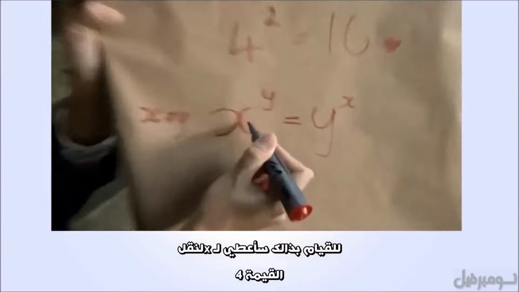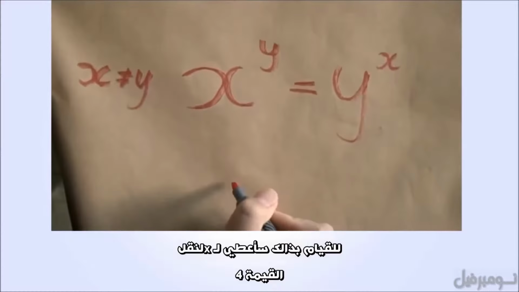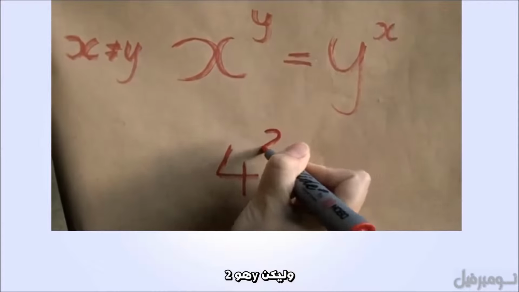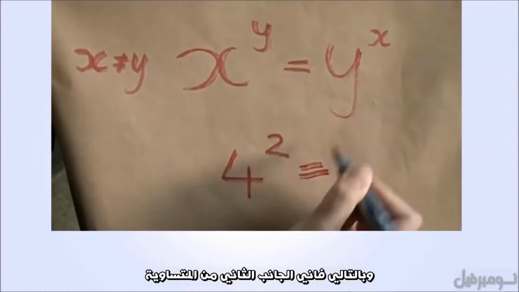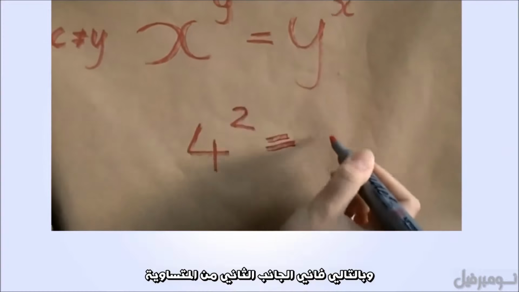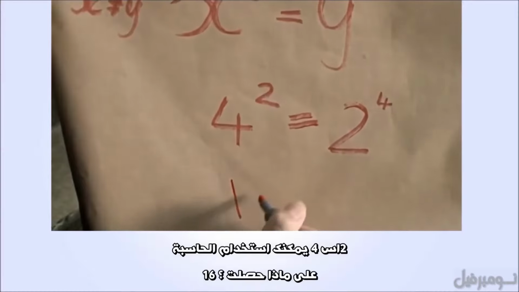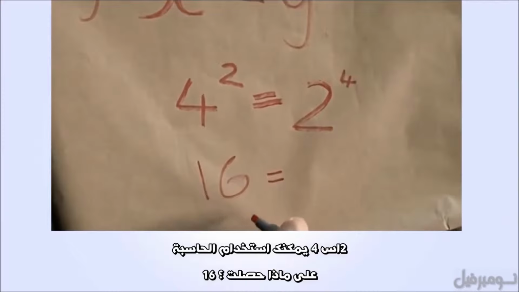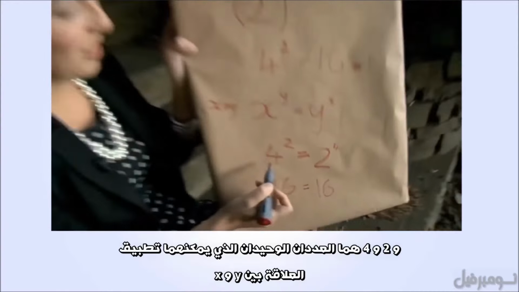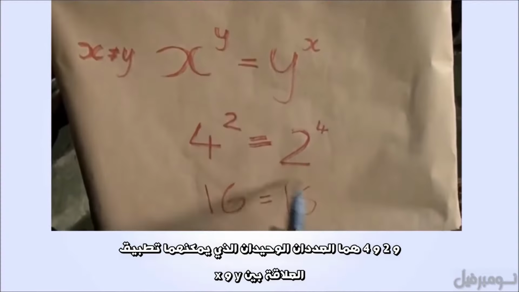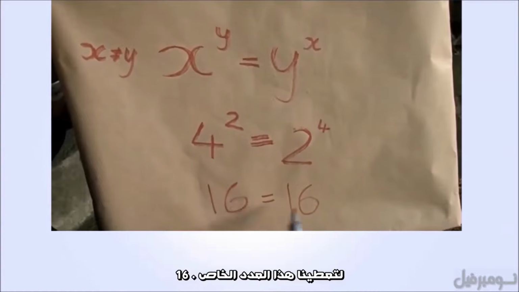To do that, I'm going to take x to be, let's say 4, and let's take y to be 2. If we interpret those onto the other side of the equation, y was 2 and x was 4. 4 to the power 2, we've already seen it's 16. 2 raised to the power 4, you put it into your calculator, what do you get? 16. And 2 and 4 are the only numbers that can be interpreted as x and y in order to get this relationship, this special number 16.